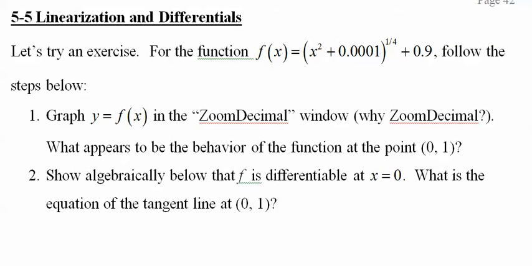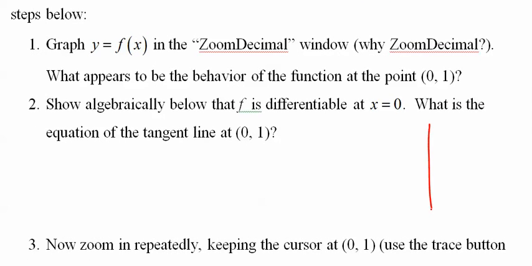Try an exercise. I'm not actually going to do this, but it's great exercise to try. If you follow this graph, you'll see that you get a graph that looks a lot like a cusp, to which we've all been taught, oh, we can't differentiate that.